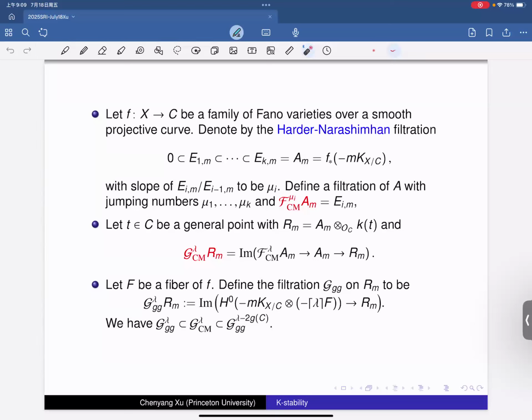Asymptotically, there is another equivalent description of this filtration. I look at the global image for fixed lambda, and then I restrict to a fiber. I look at the possible images, and you can easily prove that they bound each other. So asymptotically, from the K-stability viewpoint, you can regard these two filtrations to be the same one.